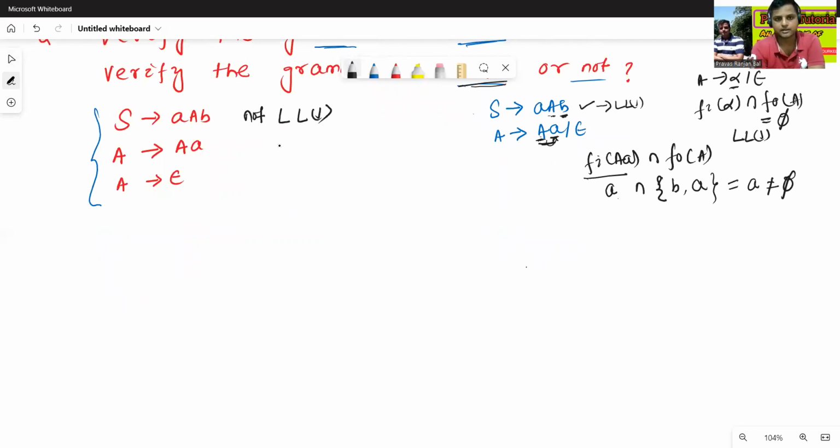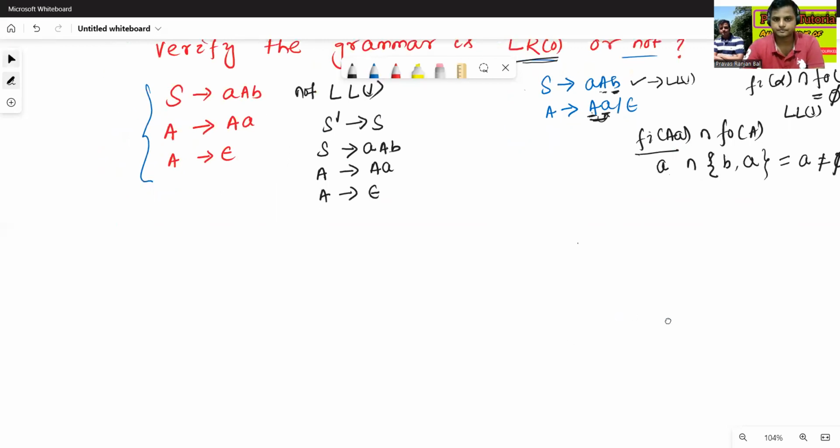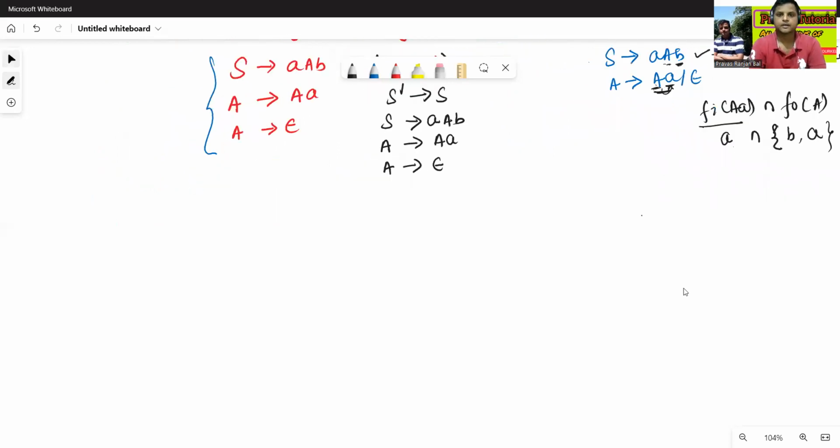Augmented grammar means S' → S, then S → AAB, then A → A, then A → epsilon. S' → .S. Now we'll find the closure of S.